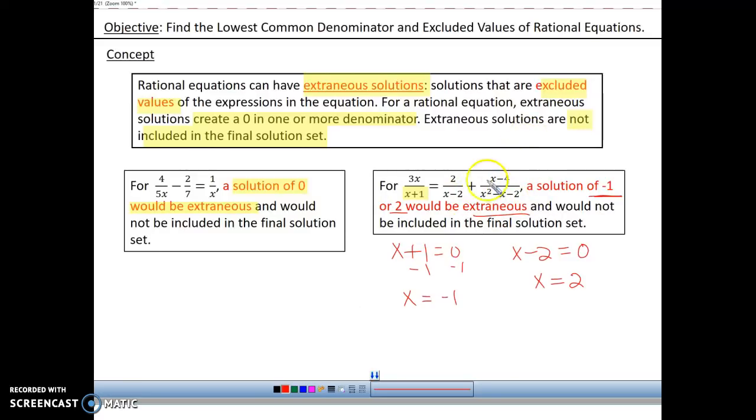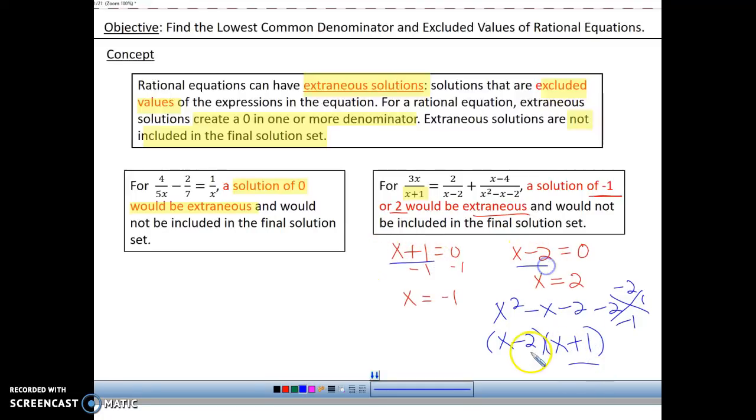And then in this example over here, if I were to take that and factor it, my x squared minus x minus 2, I think this was the same as the prior one, so negative 2 and a positive 1. So this would factor out to x minus 2, x plus 1, which is here x plus 1, and x minus 2 is here.